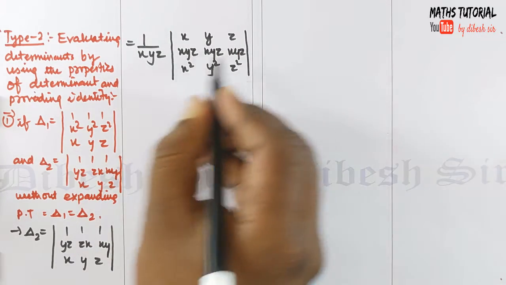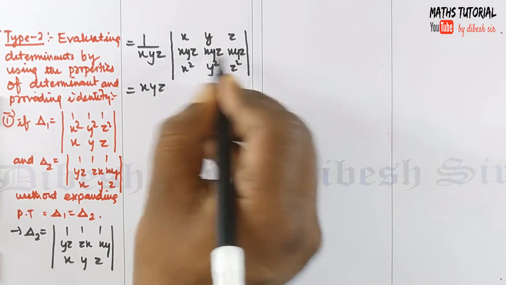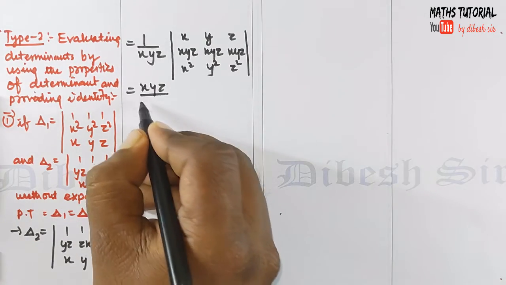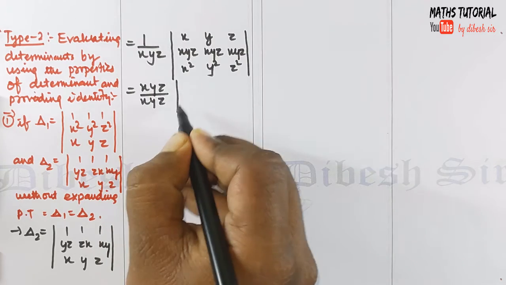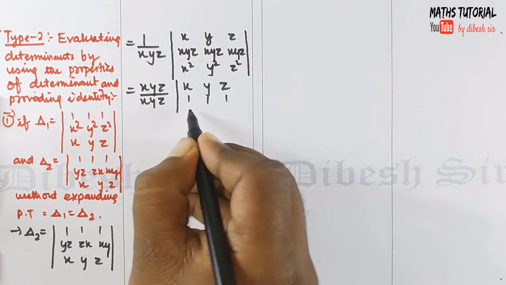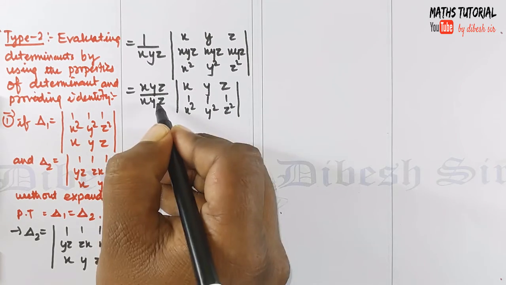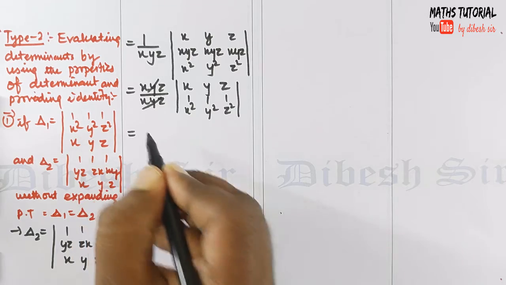Now take xyz as common from row number 2, divided by xyz, you'll get 1 1 1, x square y square z square, and xyz cancels out.